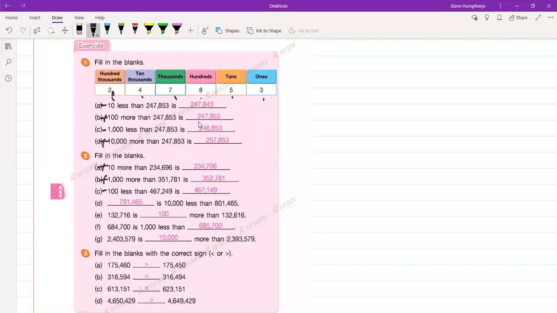D, what number is 10,000 less than 801,465? You need to subtract 10,000 from this number.